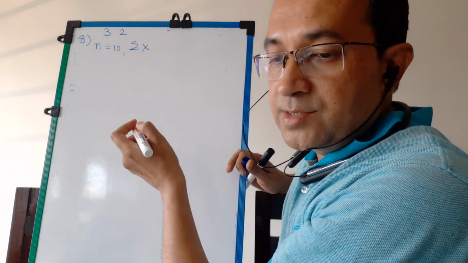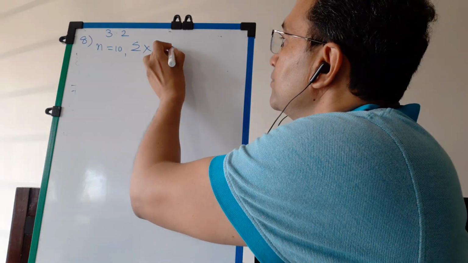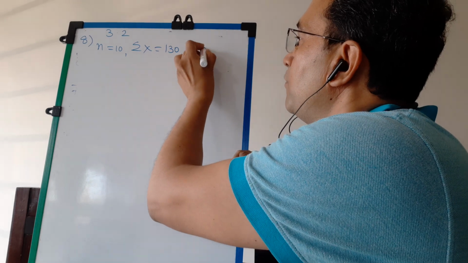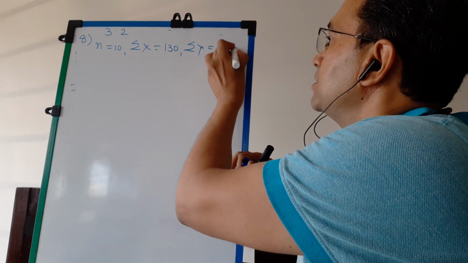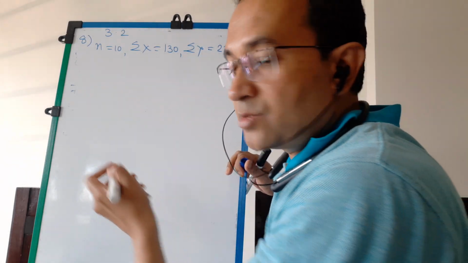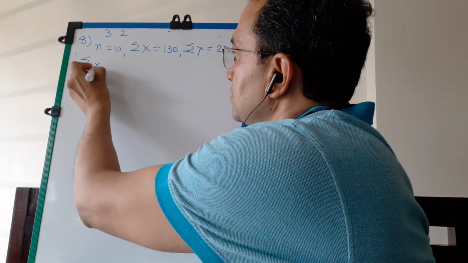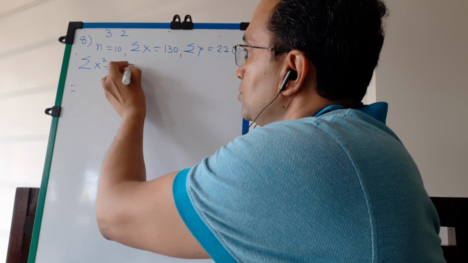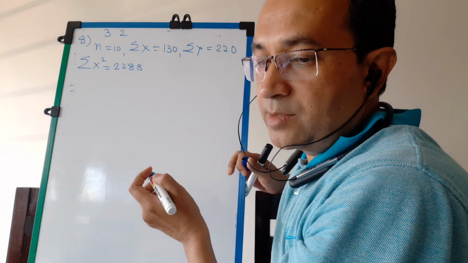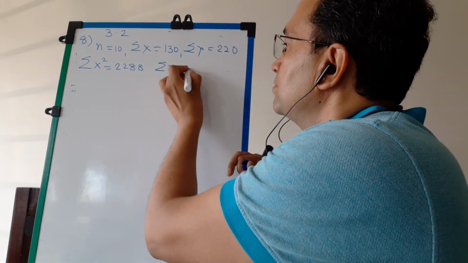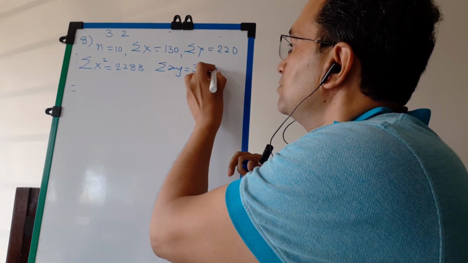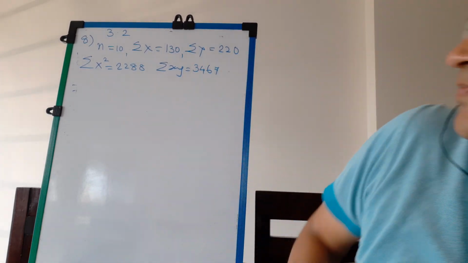Sigma x is 130, sigma y is 220, sigma of x square is 2288 and sigma xy is 3467. This is the given data.